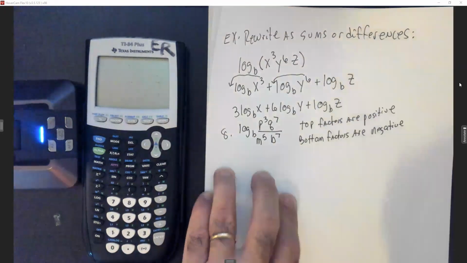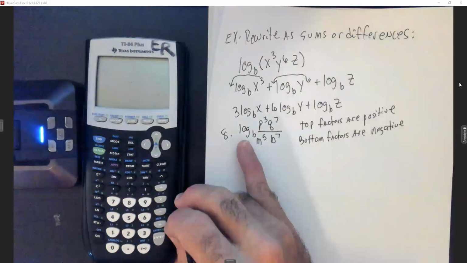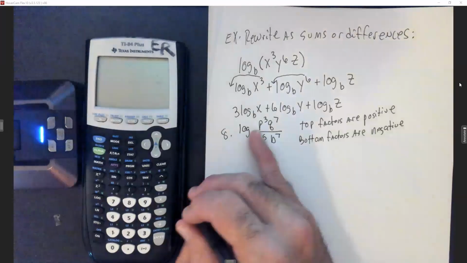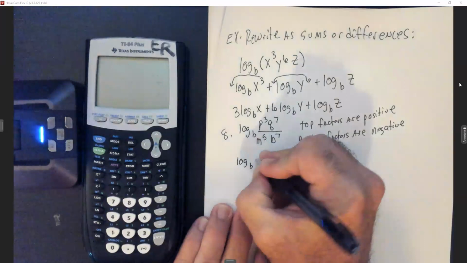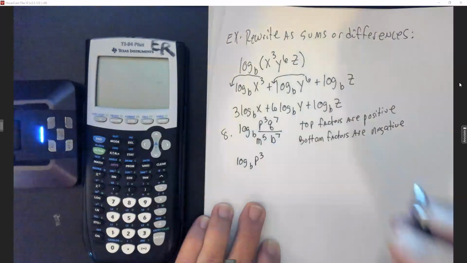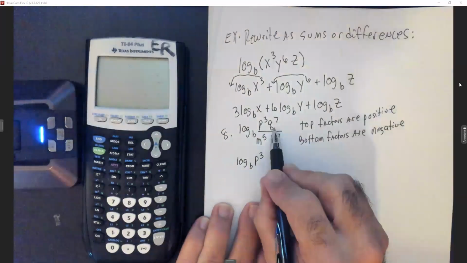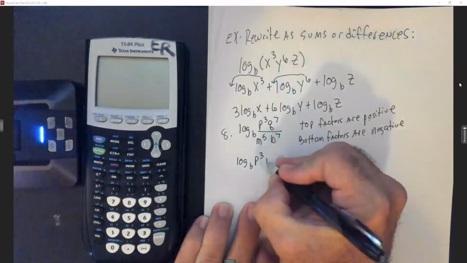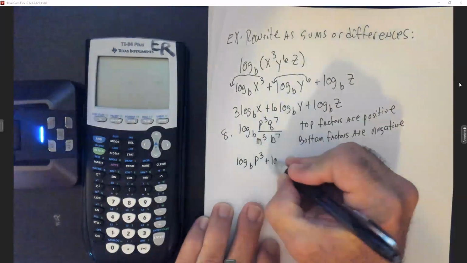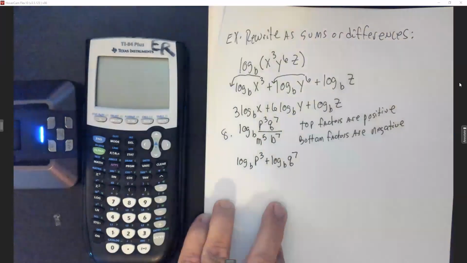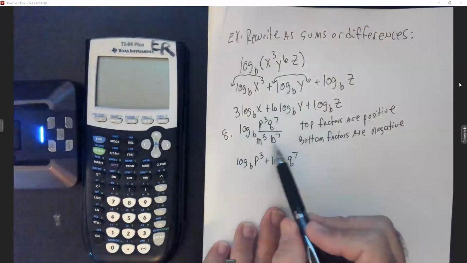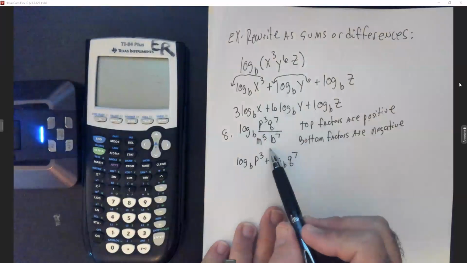So when I rewrite this, I'm going to distribute that log b to all 4 factors. So I get a log b of p to the 3rd. Since the q's on top is going to be positive, so that'll be plus a log b of q to the 7th. The m and the b are on bottom of the fraction, so they're going to be negative.